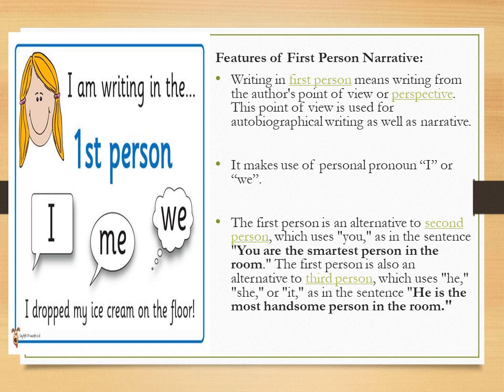Third person narrative becomes he is the smartest person in the room. So when you have the first person, it makes use of I, me, we, while the second person makes use of you, the second person pronoun. Third person narrative makes use of third person pronouns he, she, or it.